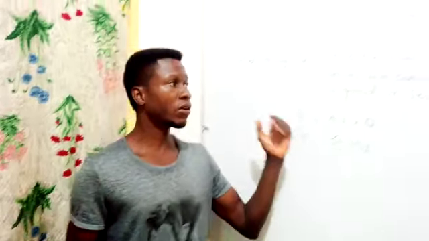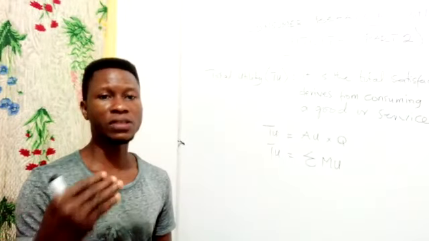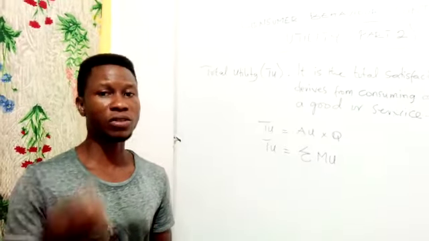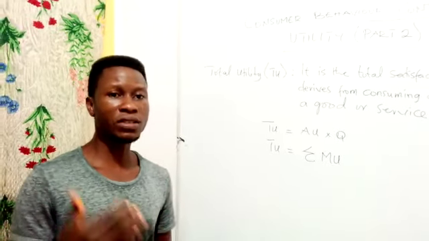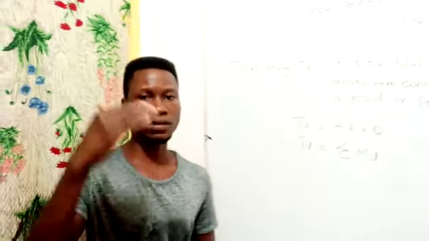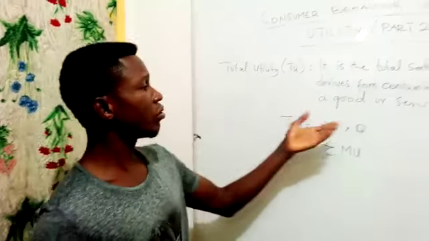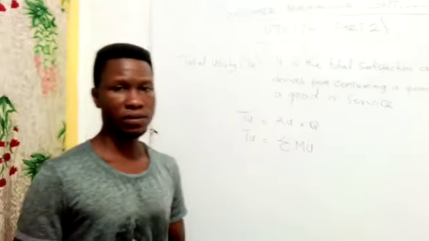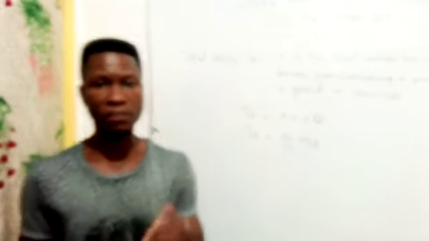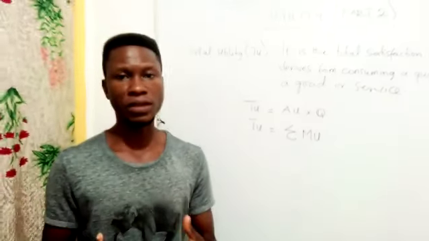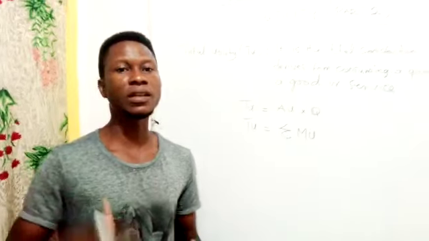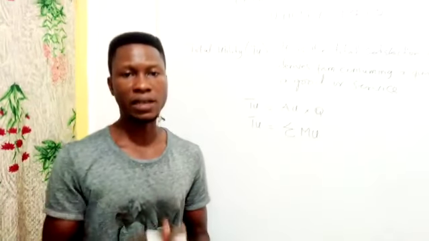As you increase the quantity consumed, your total utility is expected to also what? Increase. Is that okay? It's not only a good but also a service. For instance, I am teaching, I'm rendering a service, and you're consuming it, so there's a satisfaction you are deriving from the service that I am giving.